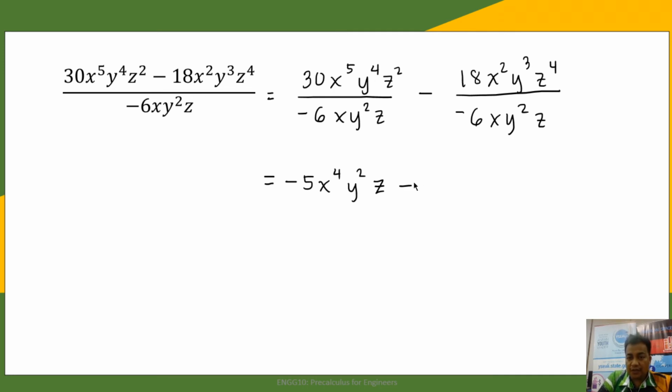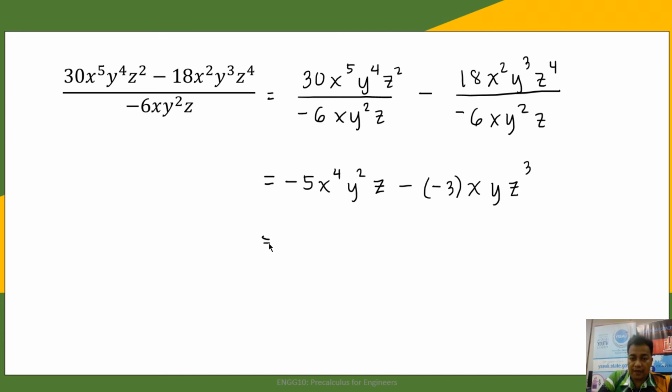So this is minus 18 divided by negative 6, which is negative 3. X squared divided by x is x raised to 1, or simply x. Y cubed divided by y squared is y raised to 1, or simply y. And z raised to 4 divided by z is z raised to 3.